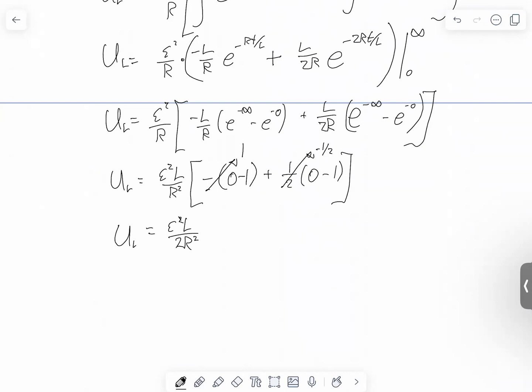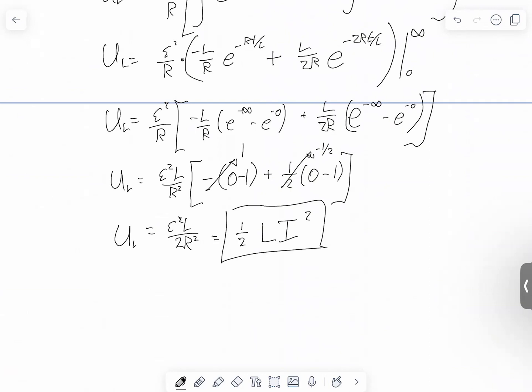So I'm going to replace E squared over R squared with I squared. There's the energy stored in the inductor. I don't know why I'm having so much trouble going from the second to last line to the last line. Have you seen that?